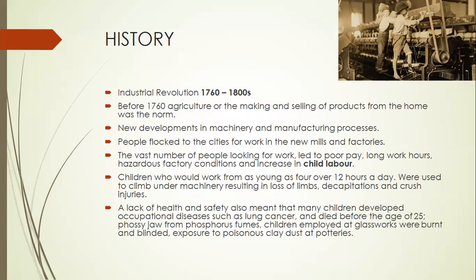Phossy jaw from phosphorus fumes. Phossy jaw is necrosis of the jaw due to phosphorus deposits in the jaw. Children employed at glassworks would get burnt and blinded because of no protective gear, and exposure to poisonous clay dust at potteries would lead to lung conditions.